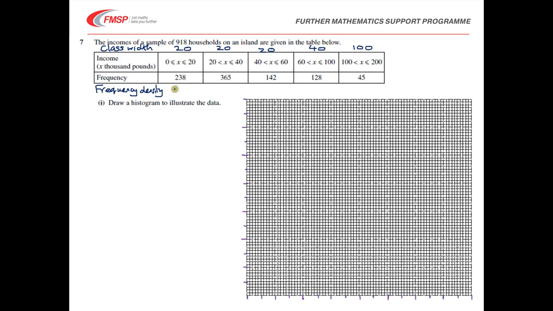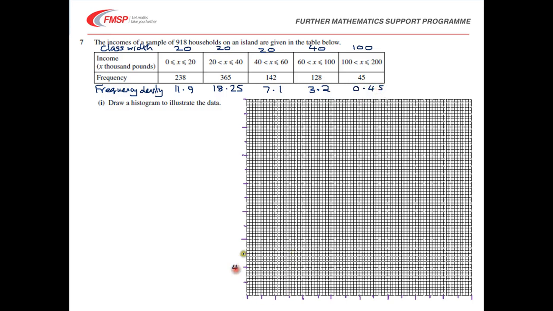So 238 divided by 20 is 11.9. 365 divided by 20 is 18.25. 142 divided by 20 is 7.1. 128 divided by 40 is 3.2. And 45 divided by 100, 0.45.